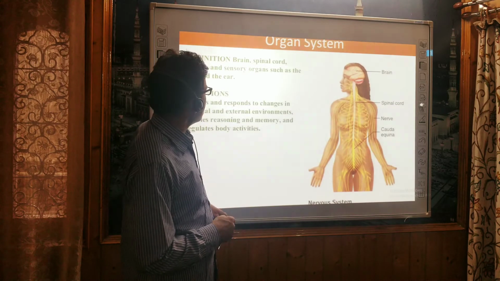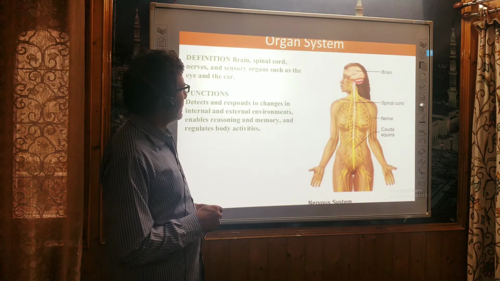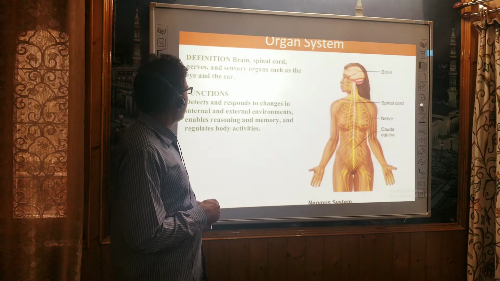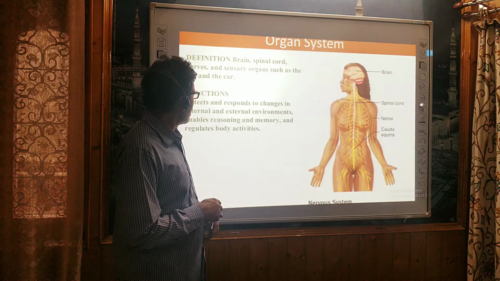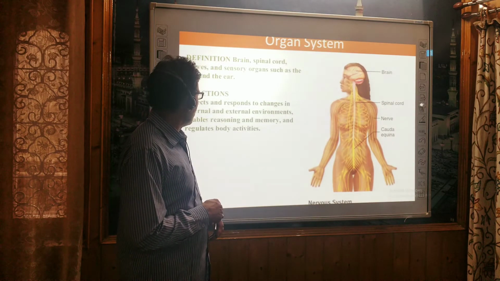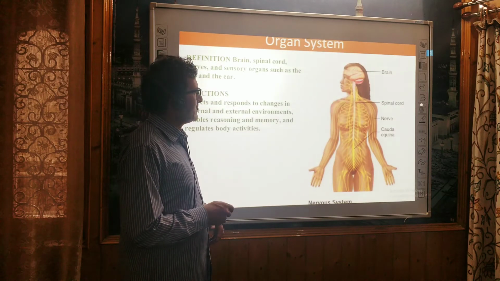So the nervous system, brain, spinal cord, nerves and sensory organs such as the eye and ear, detects and responds to changes in internal and external environment, enables reasoning and memory, and regulates body activities.